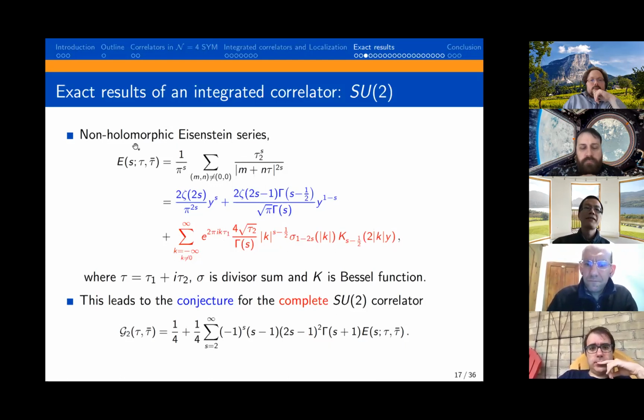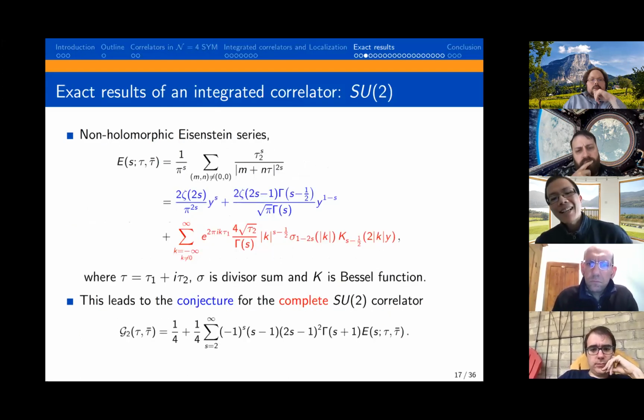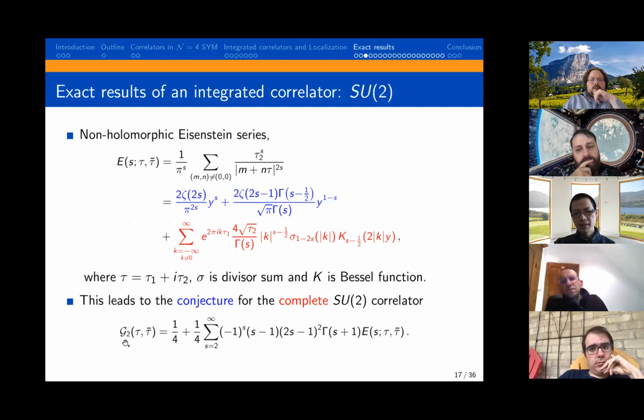So this is the definition of the non-holomorphic Eisenstein series. And if you believe me, the ratio of these two coefficients is precisely identical to the ratio between these two numbers. That led us to conjecture that this integrated correlator, at least for SU(2), can be written this way.